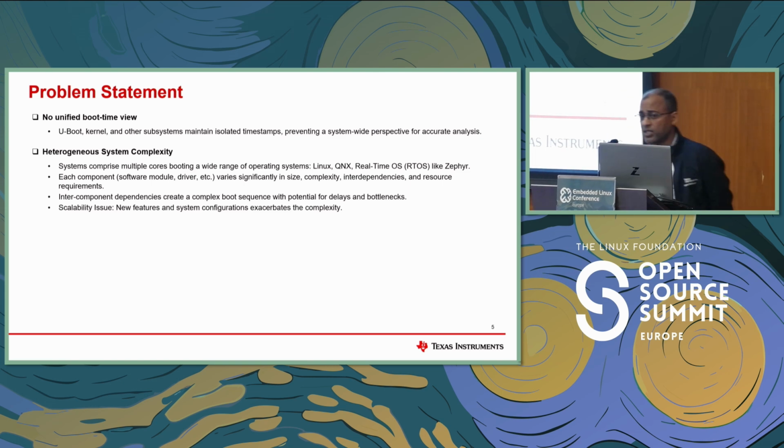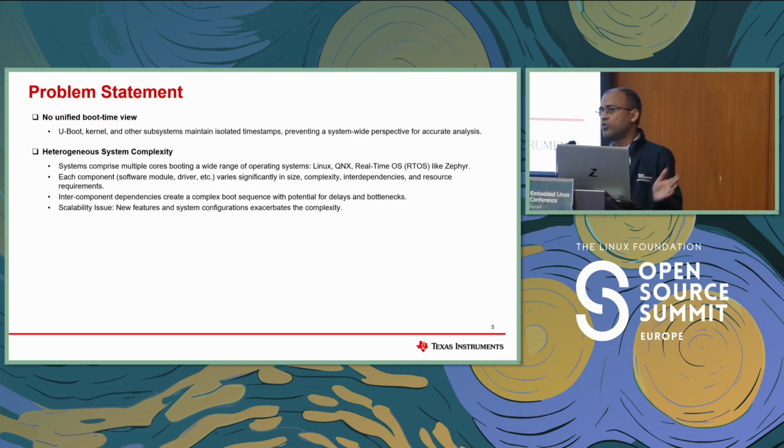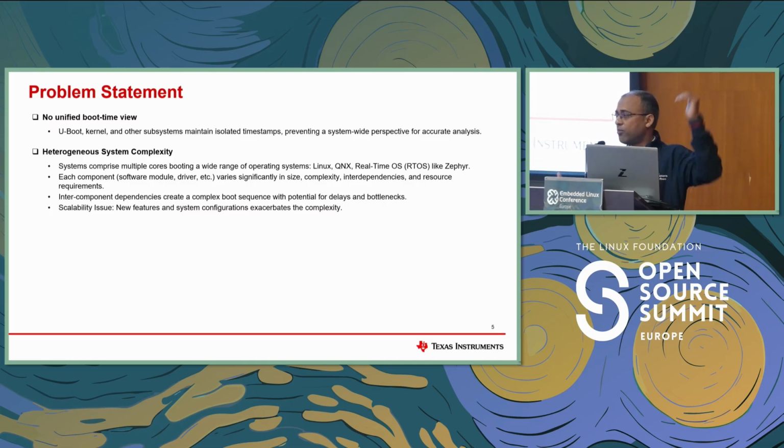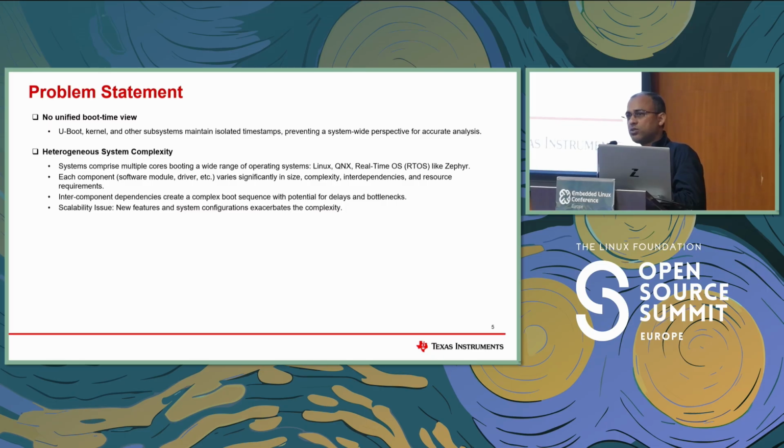So there is no unified view of the complete system from power-on until the file system is running, showing what exactly happened at each stage. You can't view it end to end, and the timeline is very difficult to see unless you go with existing methods like hardware-based GPIO toggling.